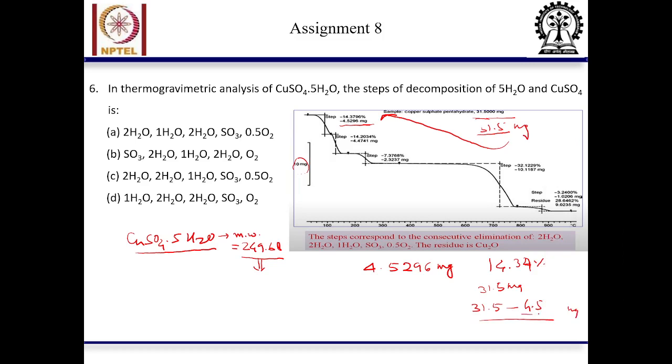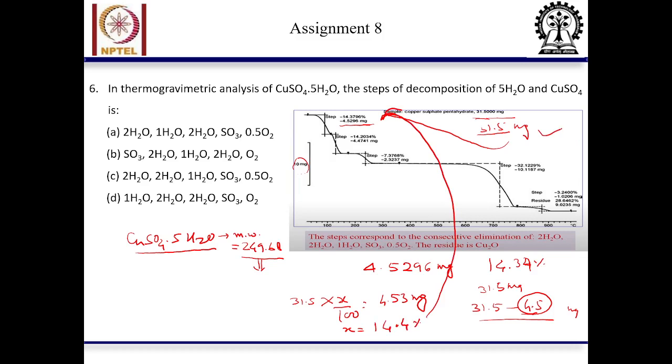So whatever it is coming, that much milligram he has found out. Now he has to find out what is that 4.5 milligram. So the 31.5 milligram, what X percent is your 4.53 milligram. So now here you can get what is X. So your X is 14.4%. So this way you can find out.